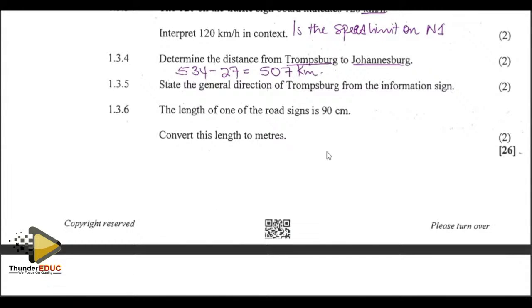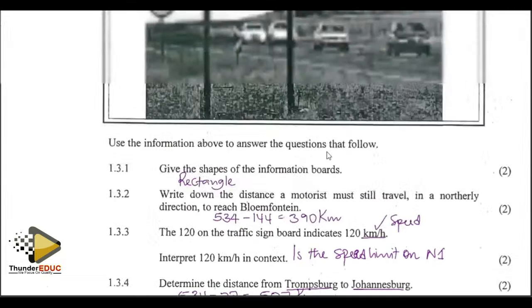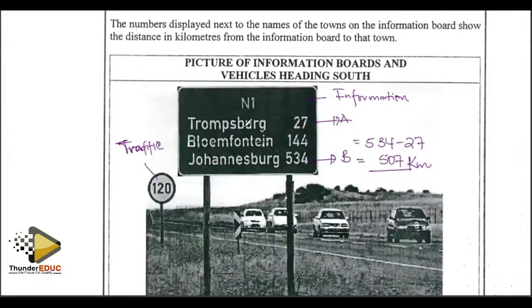State the general direction of Thompson from the information sign. General direction, definitely it's in the north, because we are heading north. And even when you look, this is on N1. Now, if the cars are heading south, that means this other side is north.